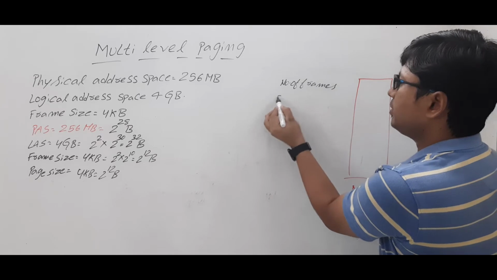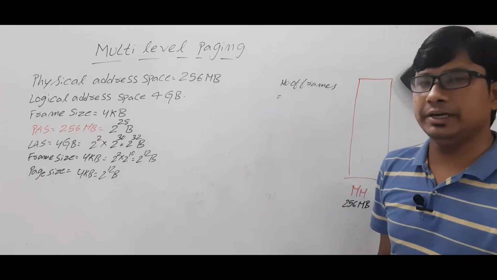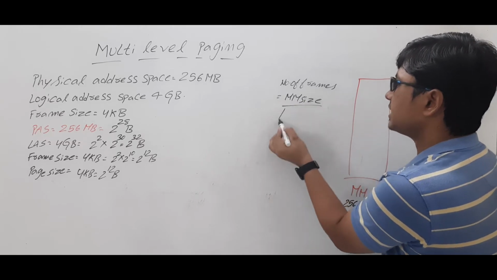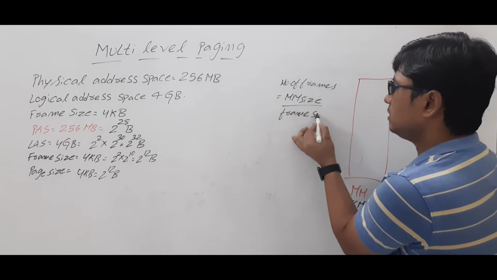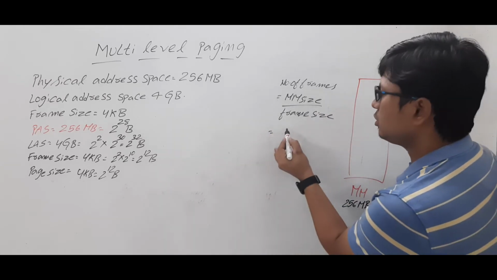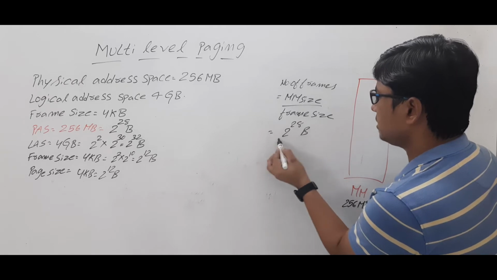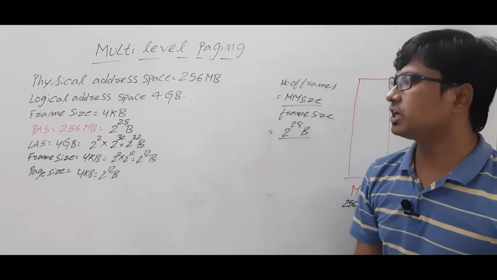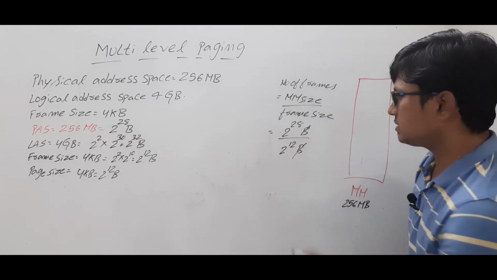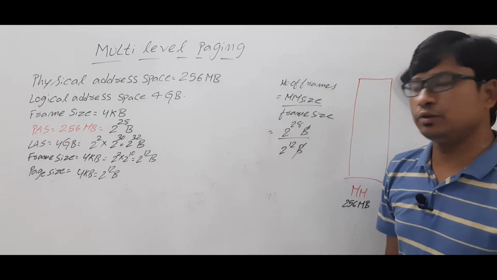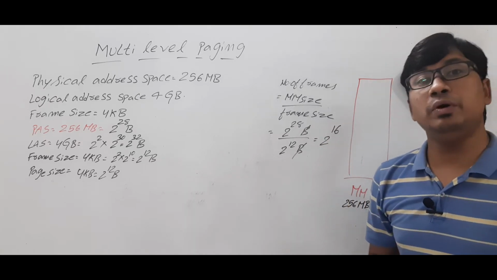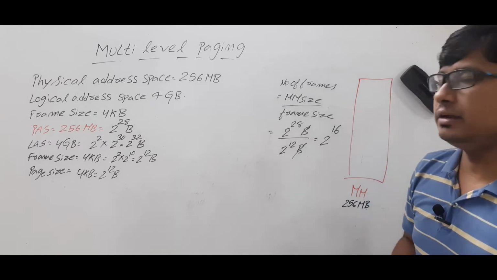The number of frames in main memory depends on main memory size divided by frame size. Main memory size is 256 MB, which is 2 power 28 bytes, divided by frame size 4 KB, which is 2 power 12 bytes. If you cancel bytes and bytes, 2 power 28 by 2 power 12 is equal to 2 power 16. So you have 2 power 16 frames in main memory.